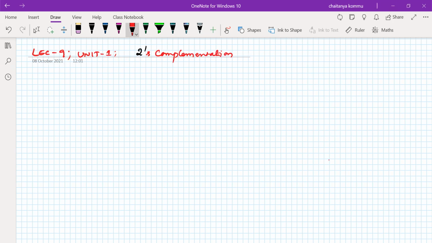In the previous class, we have seen ninth complementation. Why have we gone for complementation? Because when we do arithmetic, if it is addition, we don't have any problem. When we talk about subtraction, there is a little bit of difficulty involved.